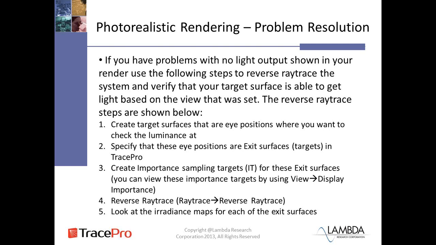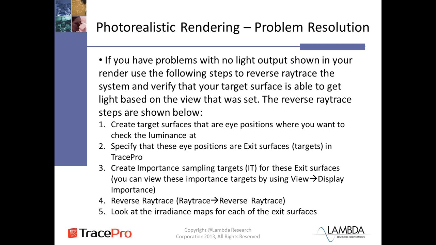You're going to want to create importance sampling targets for these exit surfaces, because most of the time you're going to have a texture on the exit surface, and you want to have those exit surfaces be important targets to your eye positions. You're then going to want to reverse ray trace.